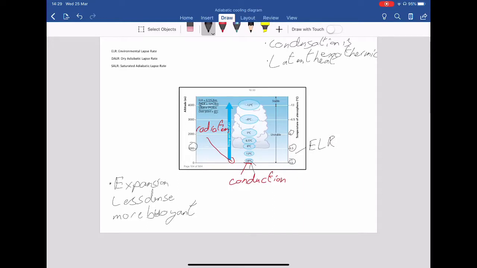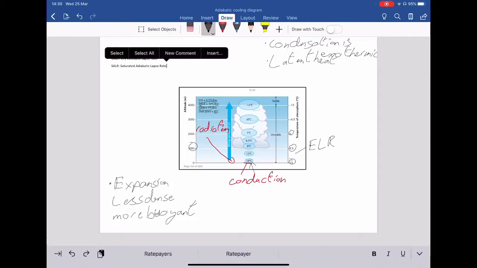Okay, so the heat causes the air parcel to expand relative to the air that's not being heated around it. This makes it less dense, more buoyant, and therefore it rises. Once the air in the parcel becomes equal in terms of expansion with the air around it, it will stop rising. So if we have a look, we're at 18 degrees.